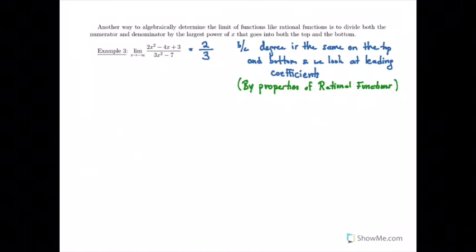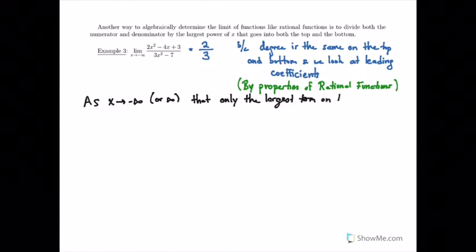Algebraically, we can think about this in a different way. We know that as x gets closer to negative infinity or positive infinity, doesn't really matter which one, only the largest term on the top and the bottom is really going to make a difference. This is where those rules come from on the previous page.